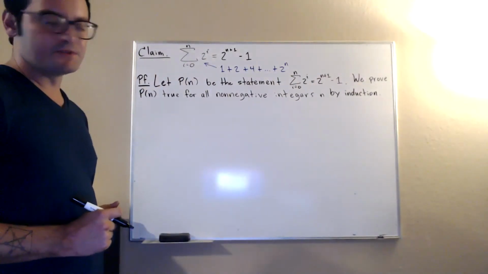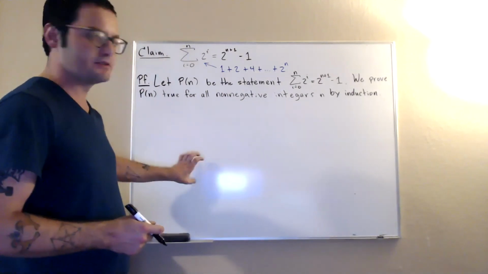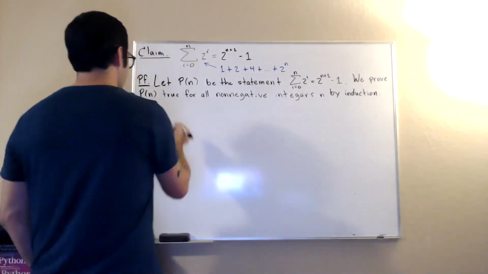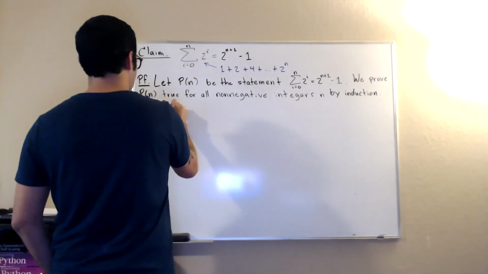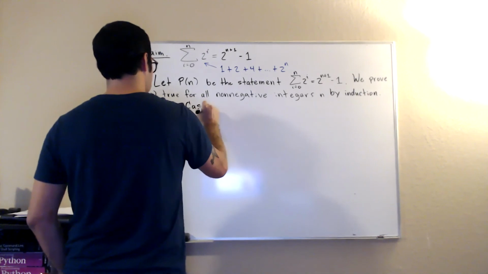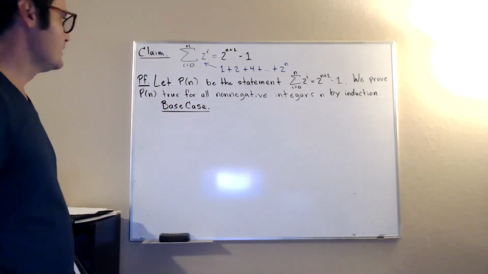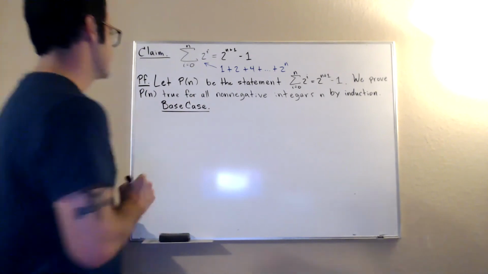Okay, so once you state that you're going to prove it by induction, then I'm completely okay with you doing base case, inductive step. So, base case. We just have to show P of 0 is true.